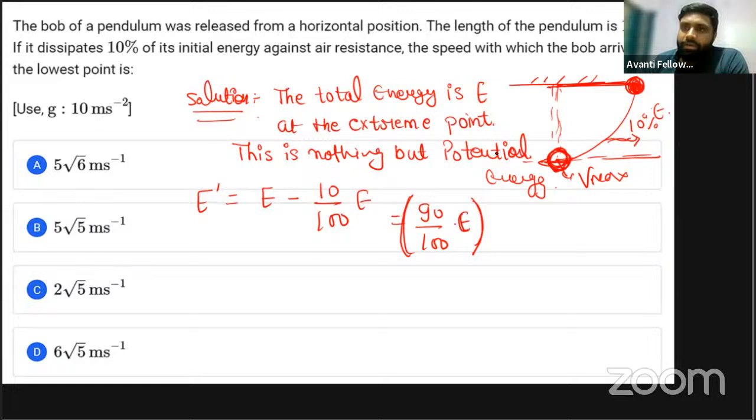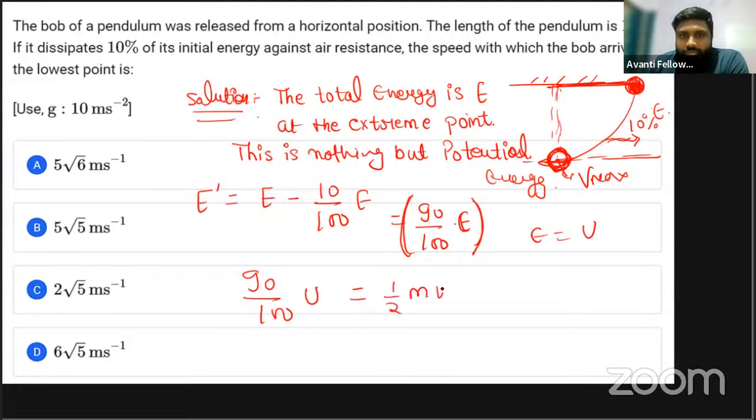That is not recoverable. That is not convertible. So this 90 by 100 into potential energy, E you can take as U, will be converted into 1 by 2 mv square. Now, the potential energy at the horizontal position will be mg into L. This length is L, the mass of the bob is m, let's say, and g is the gravitational acceleration.